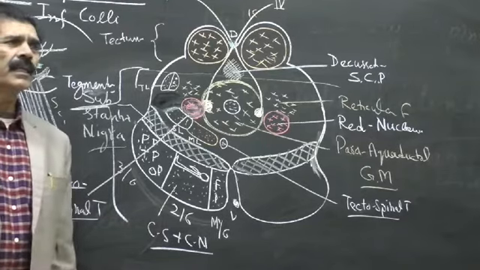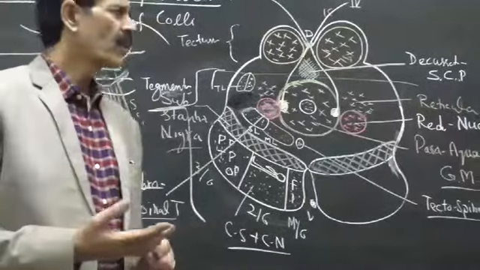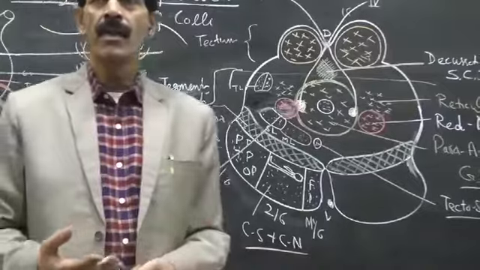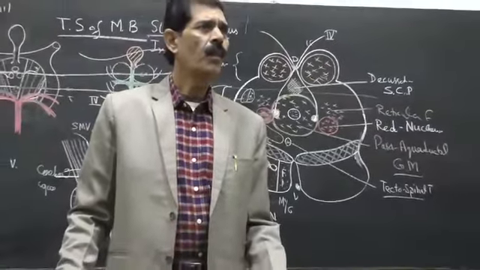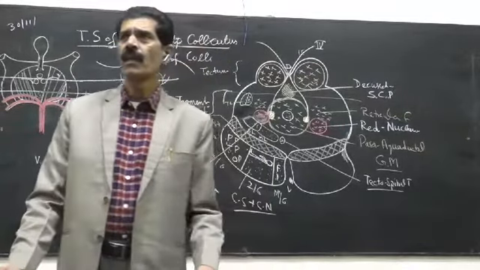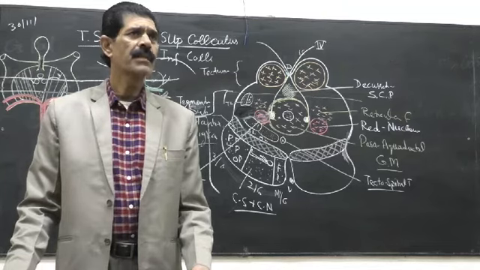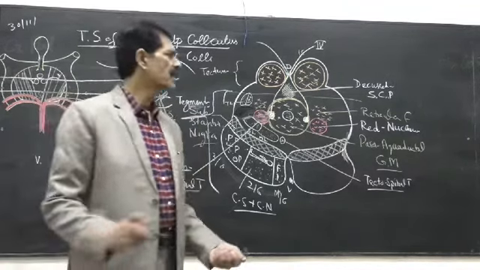And it is made up of grey matter. This red nucleus is well connected to the cerebrum and cerebellum. It is well connected to the basal ganglia and spinal cord. So it has a wide variety of connections.